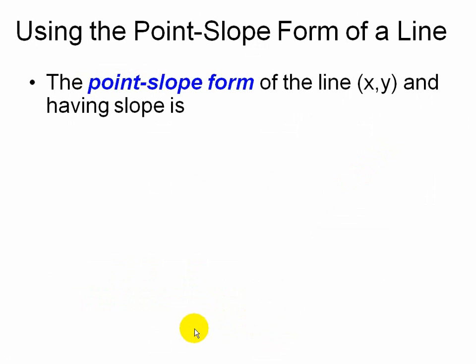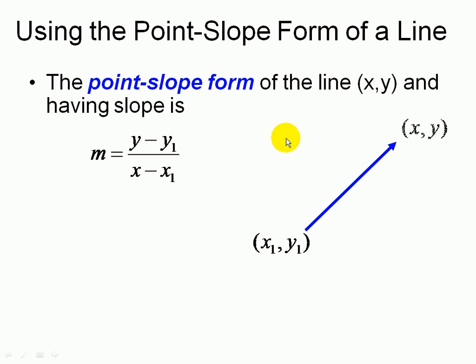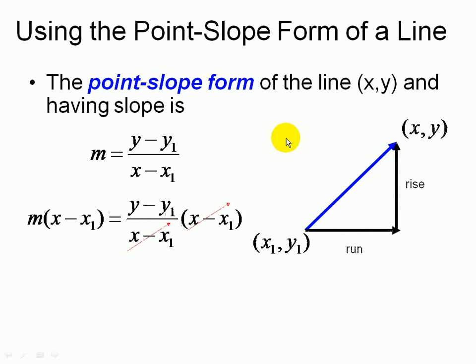Let's derive that equation real quick. The point slope form of the line having a slope m is as follows, which we discussed earlier. But we note that we can multiply this equation by x minus x1 on both sides, and we see on the right side that the x minus x1 cancels out, and we're left with the relationship where we have y minus y1 equals m times x minus x1.